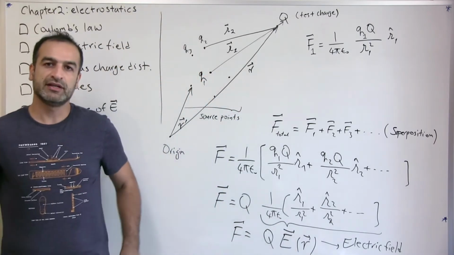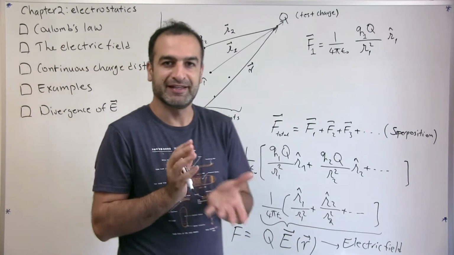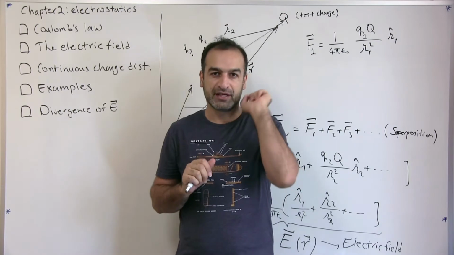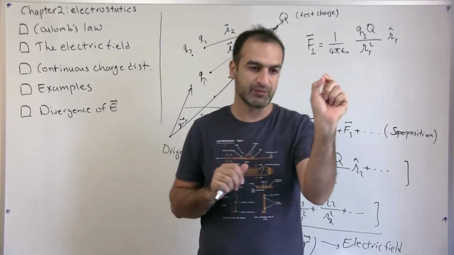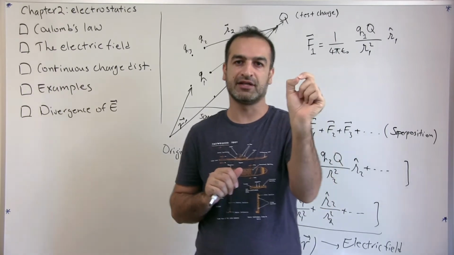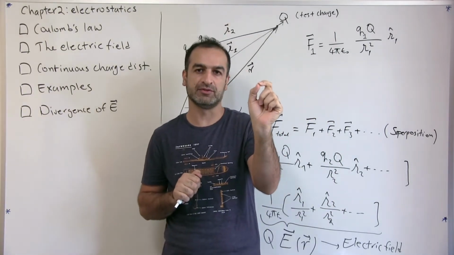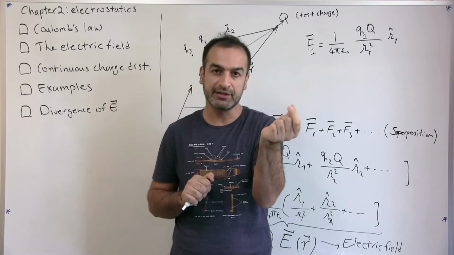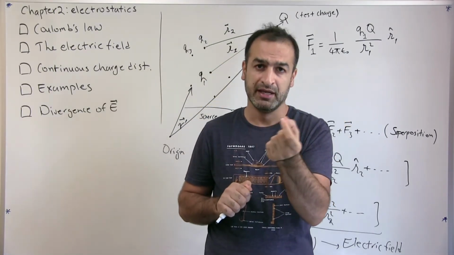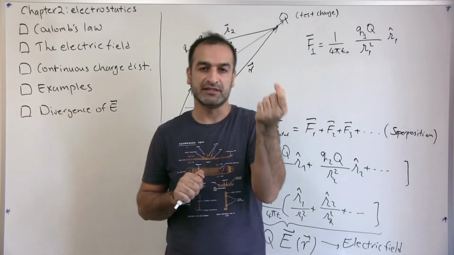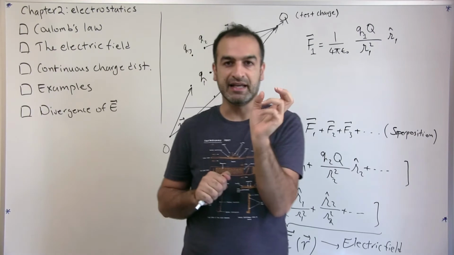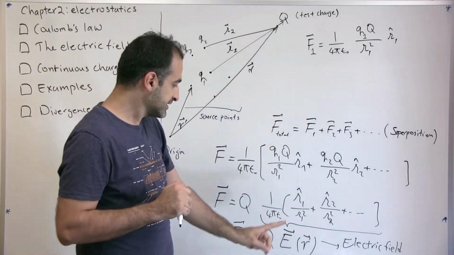So by this, the definition of electric field should already be clear for you. If you put a test charge in a space where we have electric field, the force that that test charge experiences is going to be equal to the magnitude of the electric charge of that test charge multiplied by the electric field. The magnitude of the charge is a scalar. It can be positive, can be negative, but that's a scalar. The electric field itself is a vector.